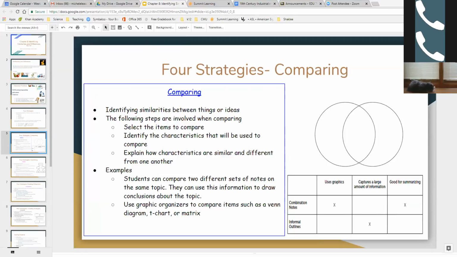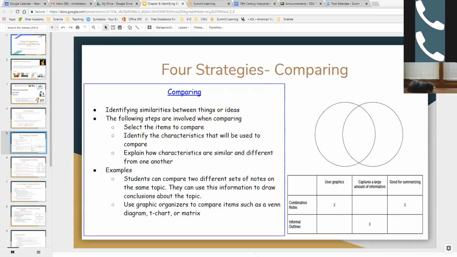Most of the time we just hear comparing, but for examples and ways to use this in the classroom, the book talked a lot about comparing different sets of notes. The graph that I used at the bottom there was from the text, talking about how you take notes from this text and take notes from this text, and then you can pull it together and pull out what was the same and different between both of those.